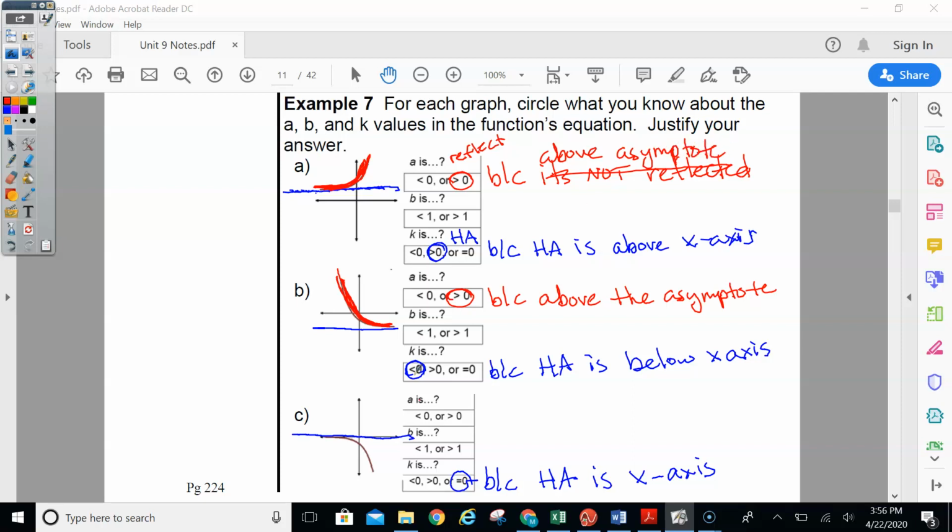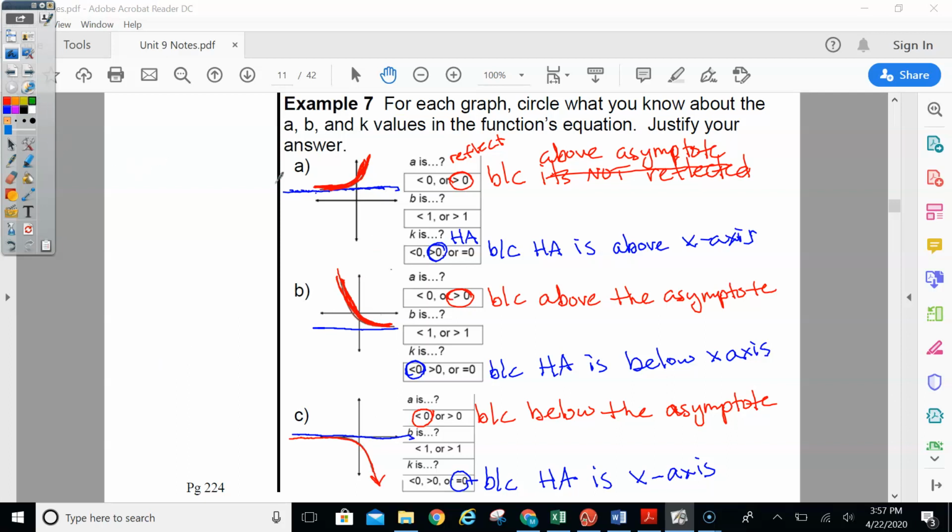But if you look at this last one, this one is below the x-axis. So if it's below the x-axis, we know it's being reflected, so A is negative because it's below the asymptote. In this case, the asymptote happened to be the x-axis, but you always compare it to the asymptote. Is it above or below it?